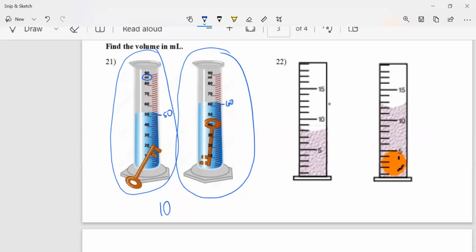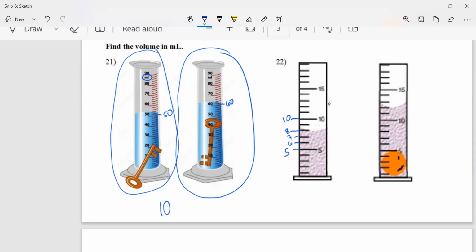Now looking at question number 22. I have a container of water and it looks like a U shape because it's a cylinder shape. So I see this is 10. This is 5. So I'm going to say 6, 7. So it gets to 8.